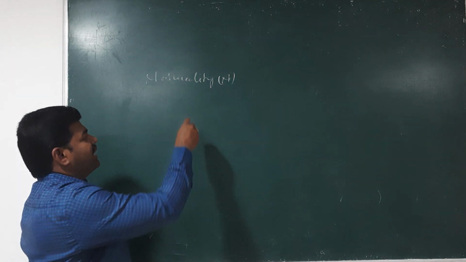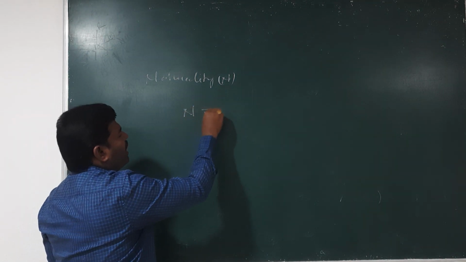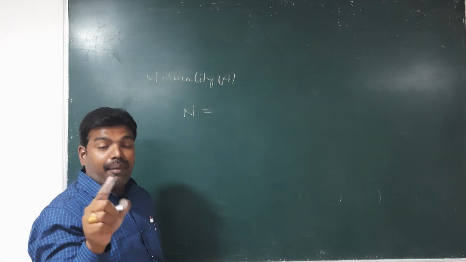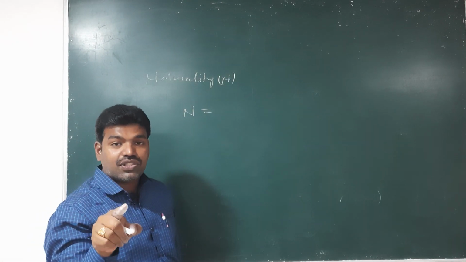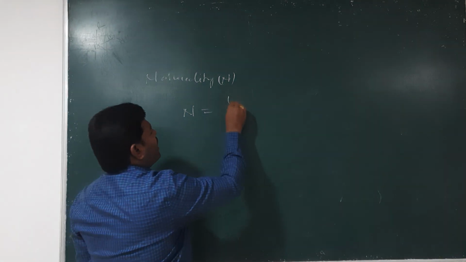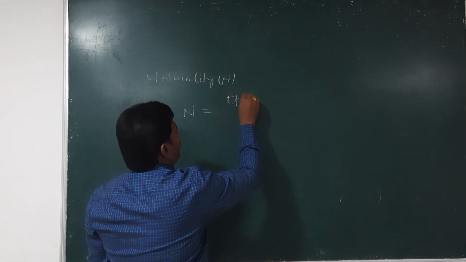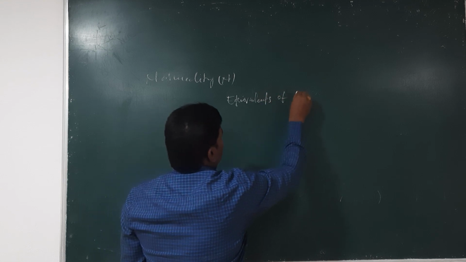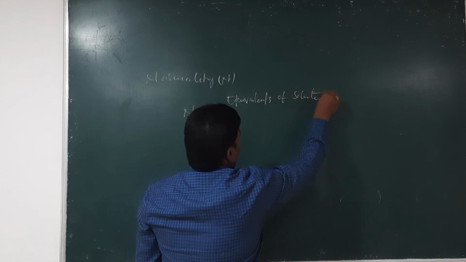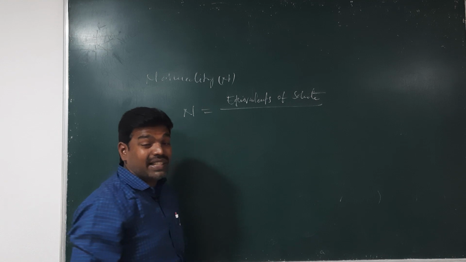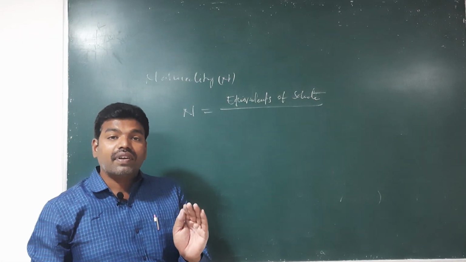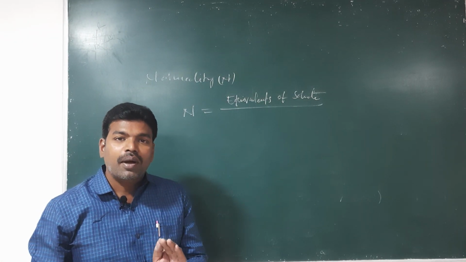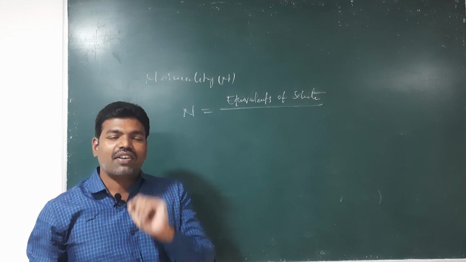That can be written as normality is equal to the number of equivalents of solute present in 1 liter of the solution.